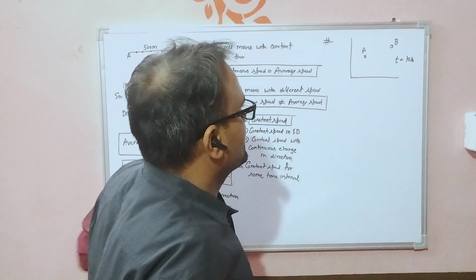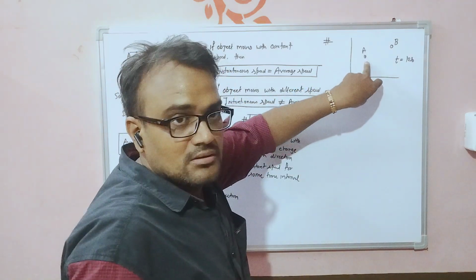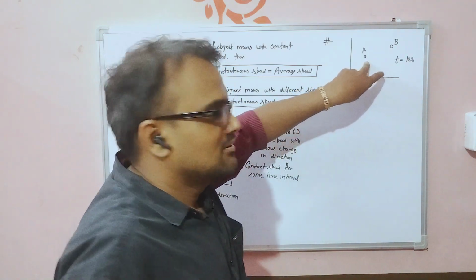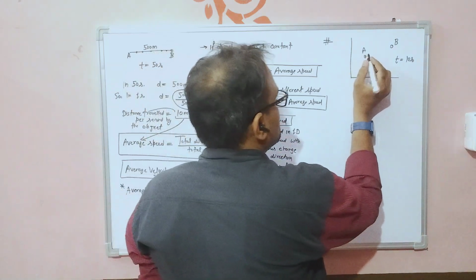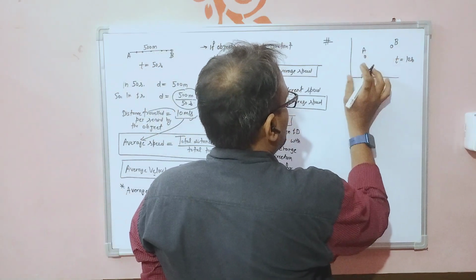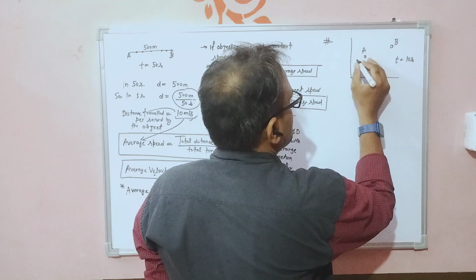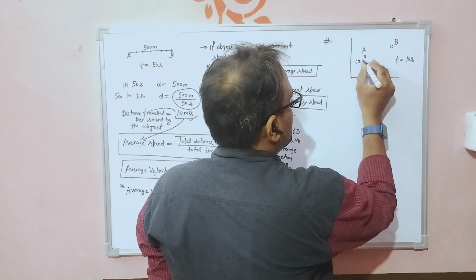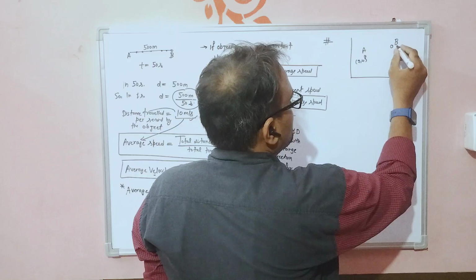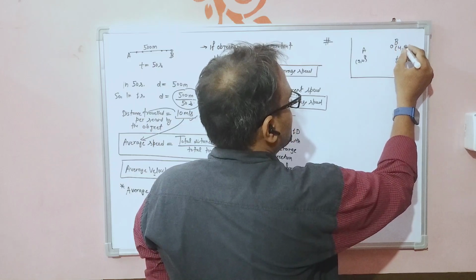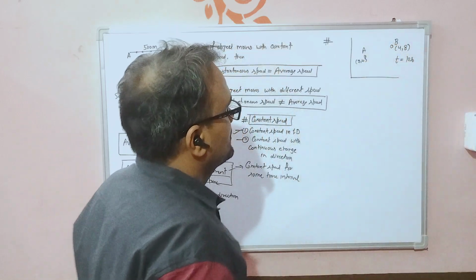And to represent the location of these two points, let's take the Cartesian coordinates, or the position coordinates, of these points. Let's assume it is (2, 4) and it is (4, 8). Okay, so what are these?